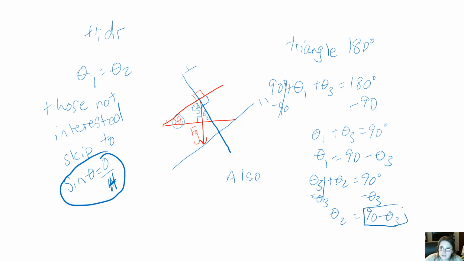So this is 90 minus theta 3. This is 90 minus theta 3. So that means that theta 1 is equal to theta 2. Okay? So this right here is given to us by whatever they give us in the problem for the inclined angle.